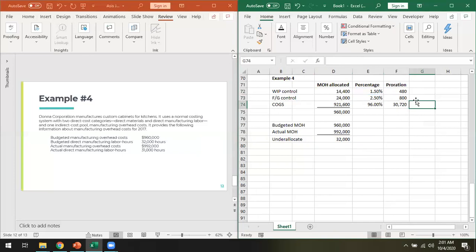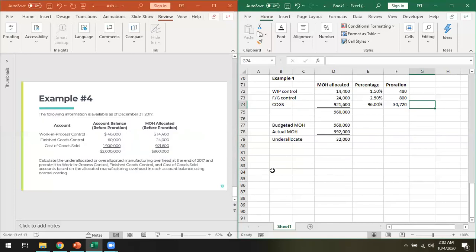So this is how we prorate, or how we divide the difference or the under allocation, to each account. For the work in process control, it gets an additional $480. For finished goods control, it gets $800. And the remainder of the under allocation is written off to cost of goods sold.